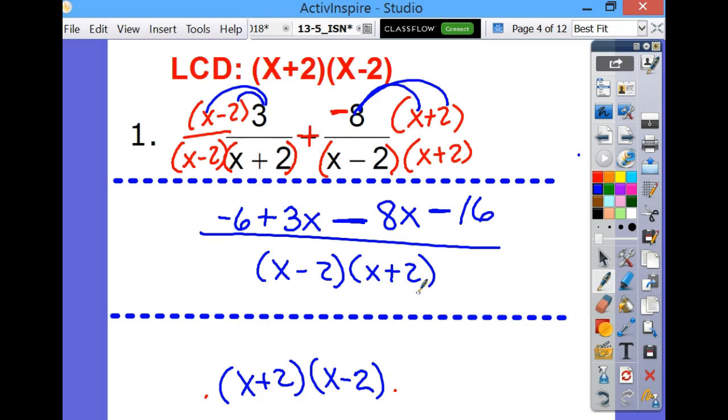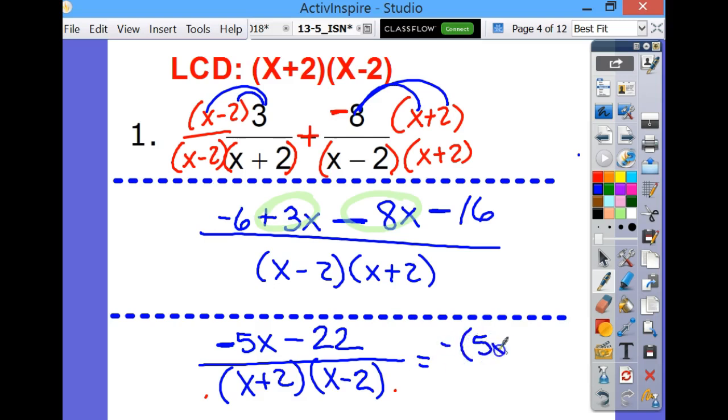Then you combine like terms. So, this term and this term are alike, so that will be -5x minus 22. That's a perfectly good answer, but sometimes you will see that where the negative is factored out.